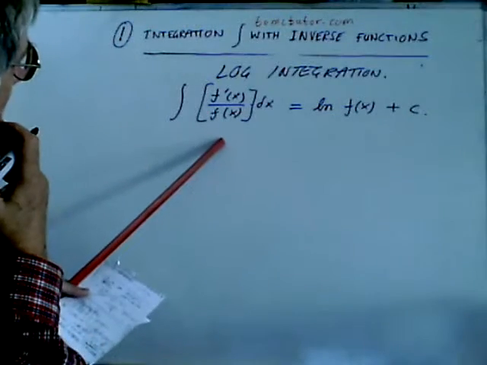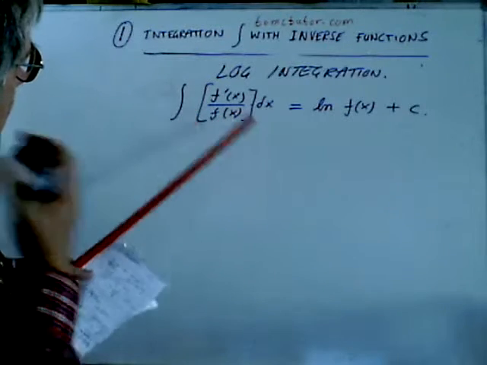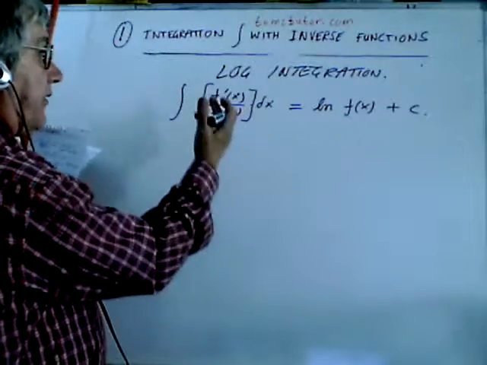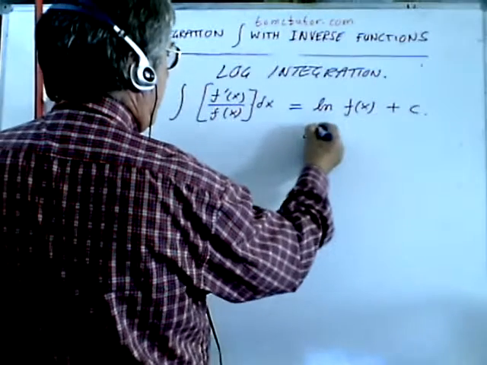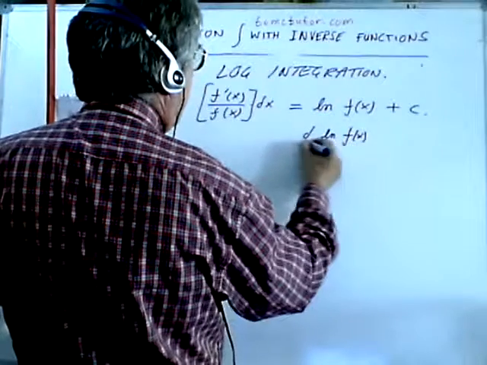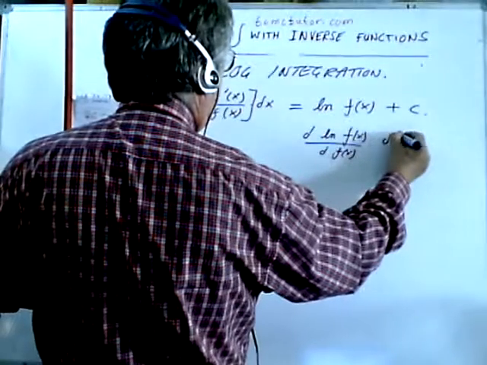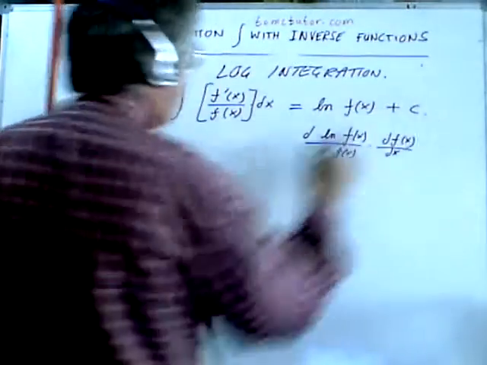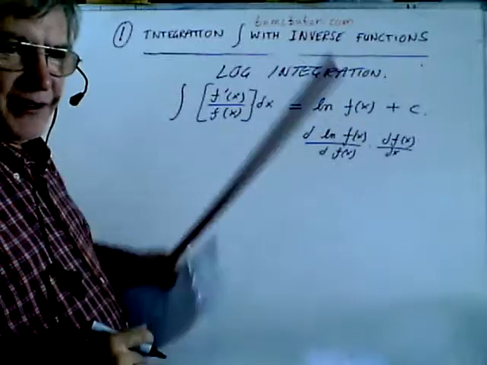Well, why is that? If I differentiate that side with respect to x, I get the differential of log n of f of x by the chain rule, and df of x dx, and I differentiate all of that with respect to x. Remember, that's for big F, that's for the antiderivative.